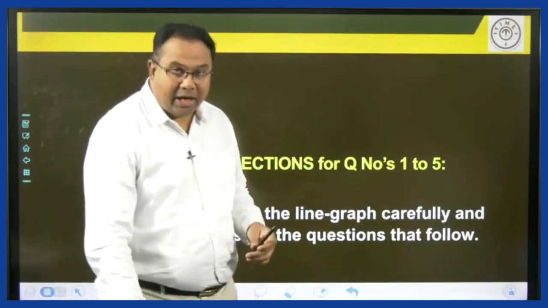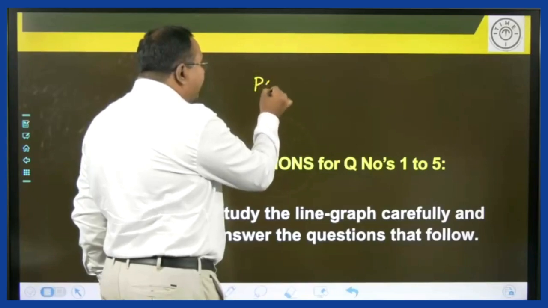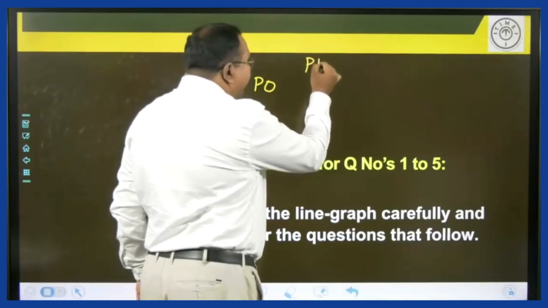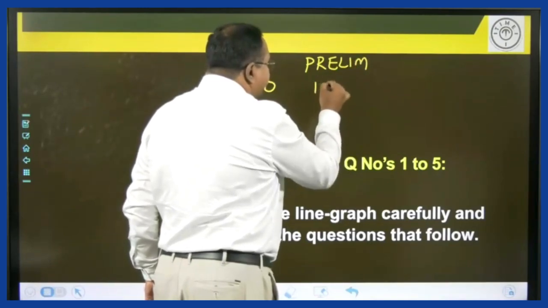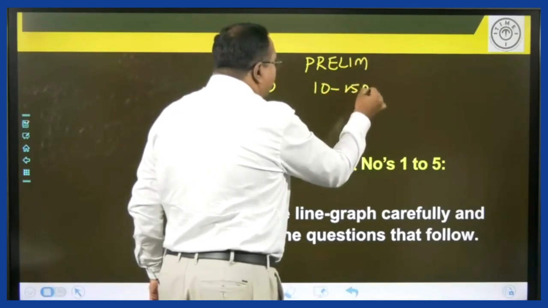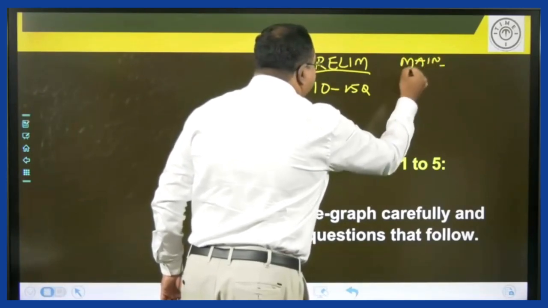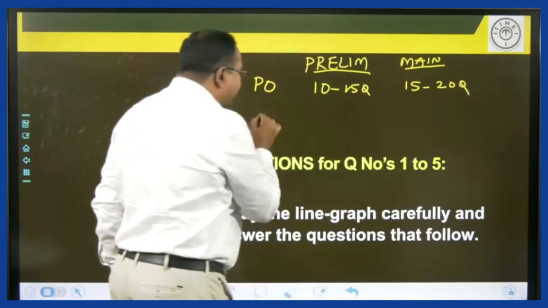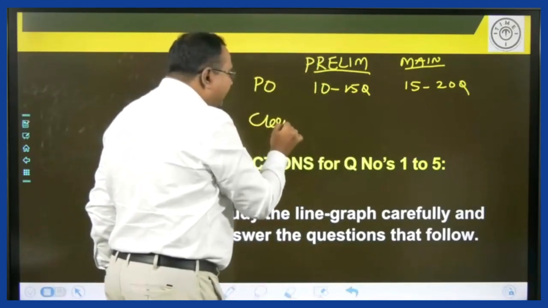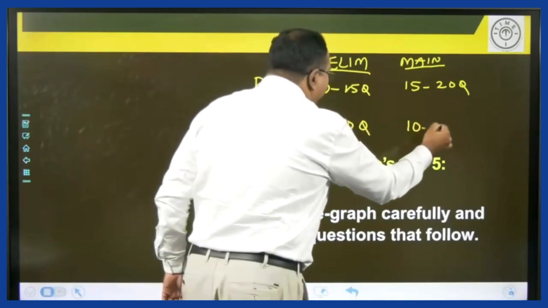Before we start discussing this line graph, let us look at the weightage of data interpretation in your PO exam. PO prelim will get 10 to 15 questions and PO main 15 to 20 questions. If you look at clerk exam, clerk prelim 5 to 10 questions, clerk main 10 to 15 questions.